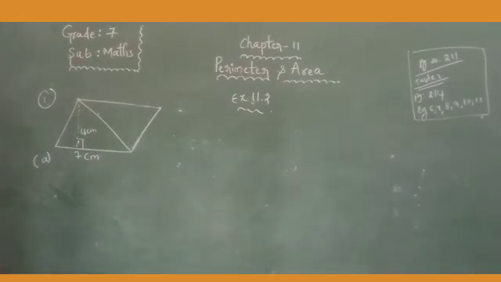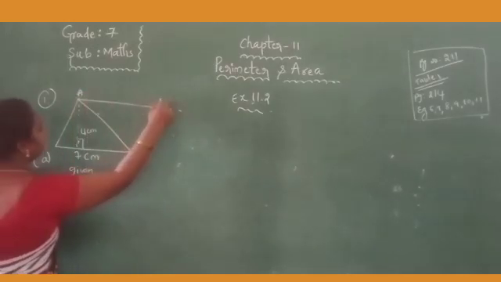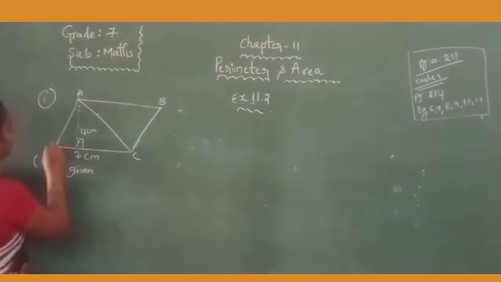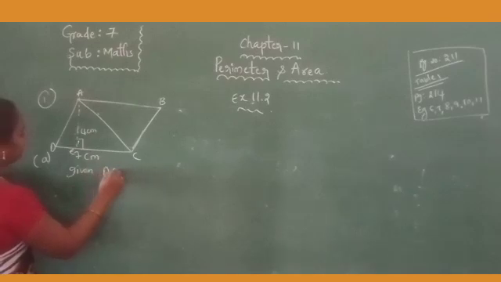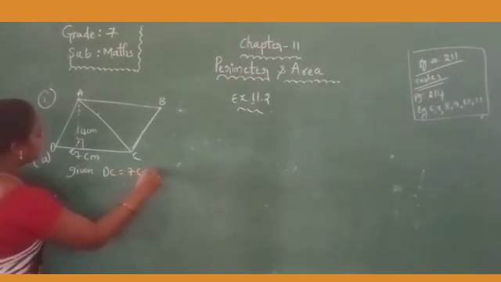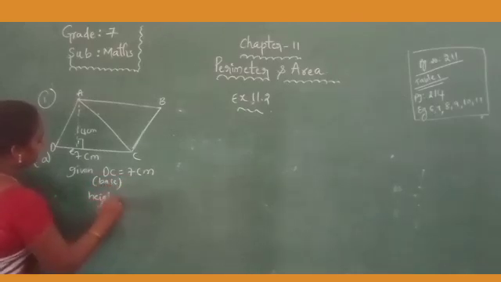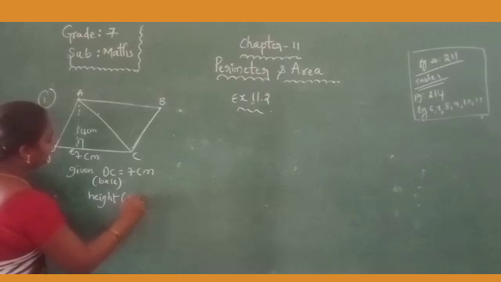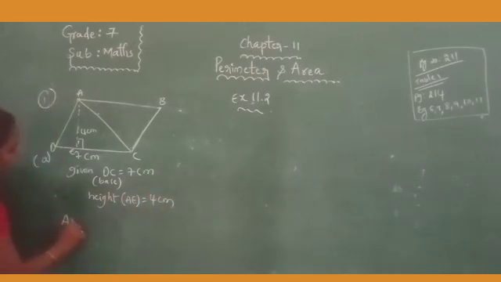We know the area of a parallelogram is base into height. First, give the names A, B, C, D and E. Here given DC is equal to 7 centimeters, that is base, and height AE is equal to 4 centimeters.